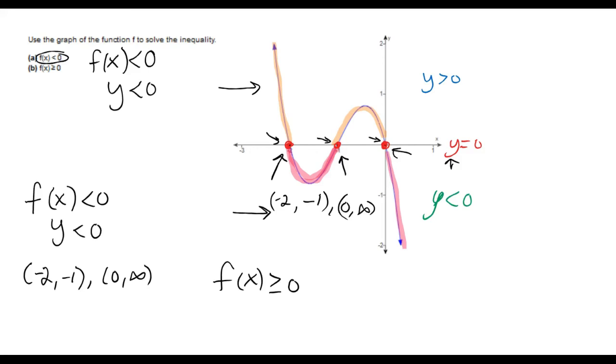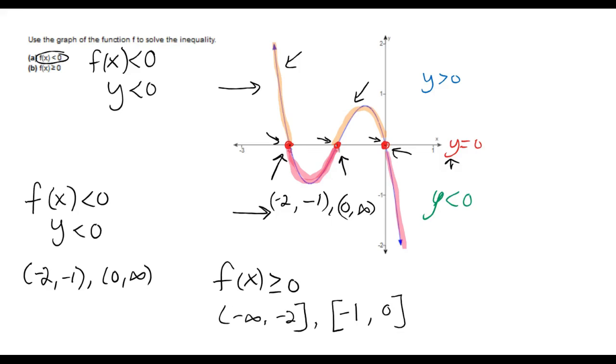So when I'm indicating this piece right here, this piece is going to start at an x of -infinity and go all the way to an x of -2. This time I'm going to put a bracket on -2 to include it. And then I want to write this piece here, which starts at -1. I'll use a bracket, and stops at 0.